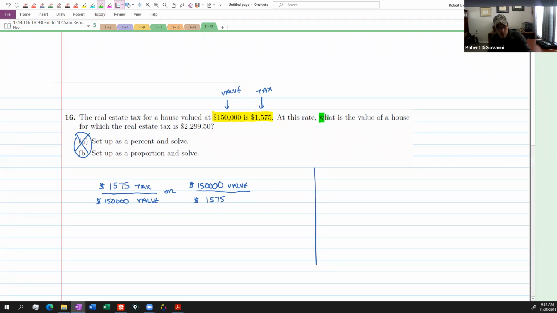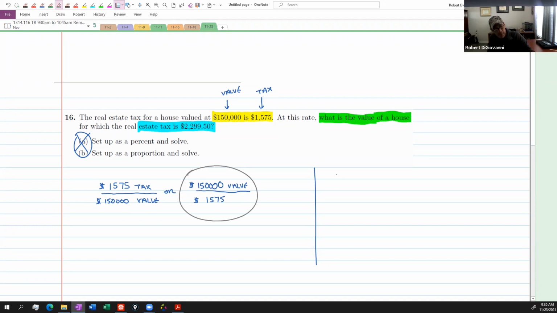So it's saying, what is the value of a house, right? What's the value of a house if the tax is given to be this much? So we're trying to solve for value, which means that we will take this one here because it has value on top.